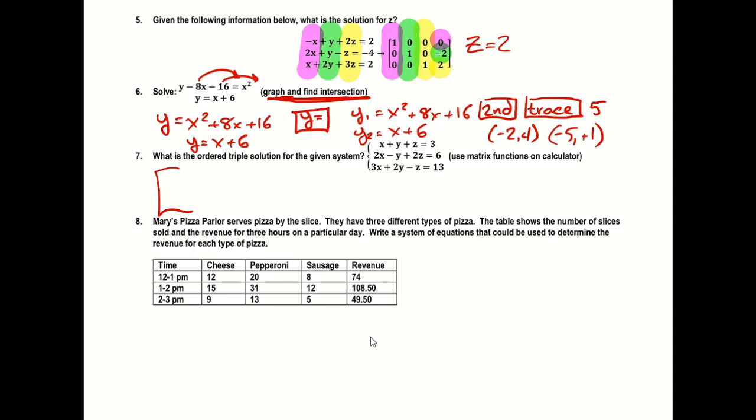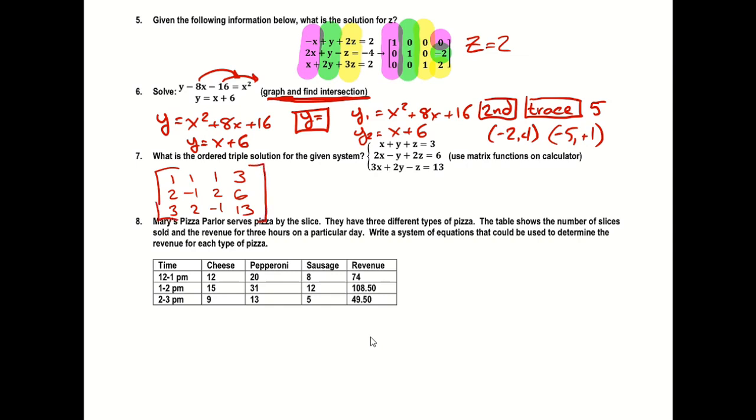Anytime we don't have a coefficient, we have a 1. So there's 1x, 1y, 1z, 3, 2, -1, 2, 6, 3, 2, -1, 13.